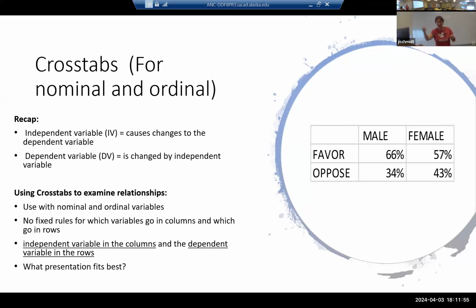The variable that's getting influenced is dependent on whatever you're saying is making things change. And so when you're doing your crosstabs, your independent variable is in the columns and your dependent variable is typically in the rows. So there are some fixed rules for that.